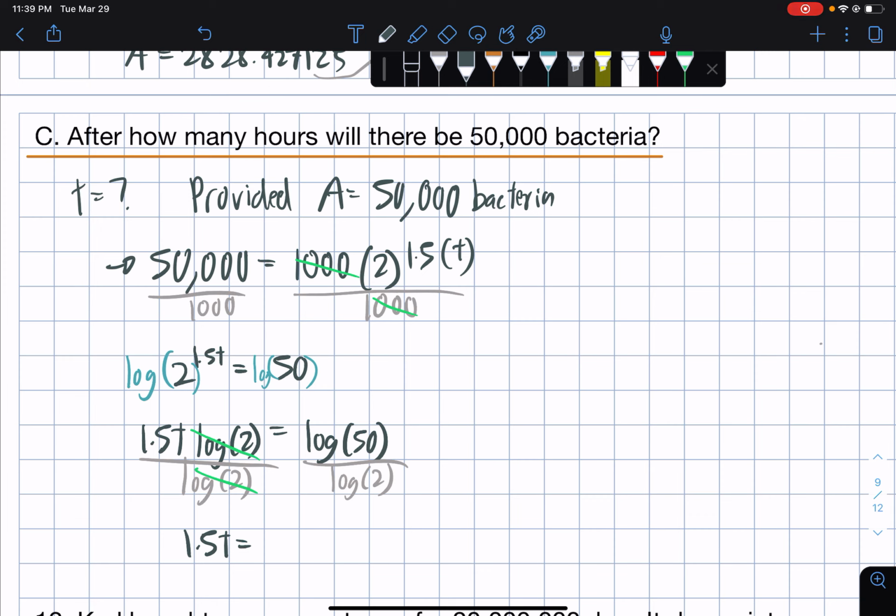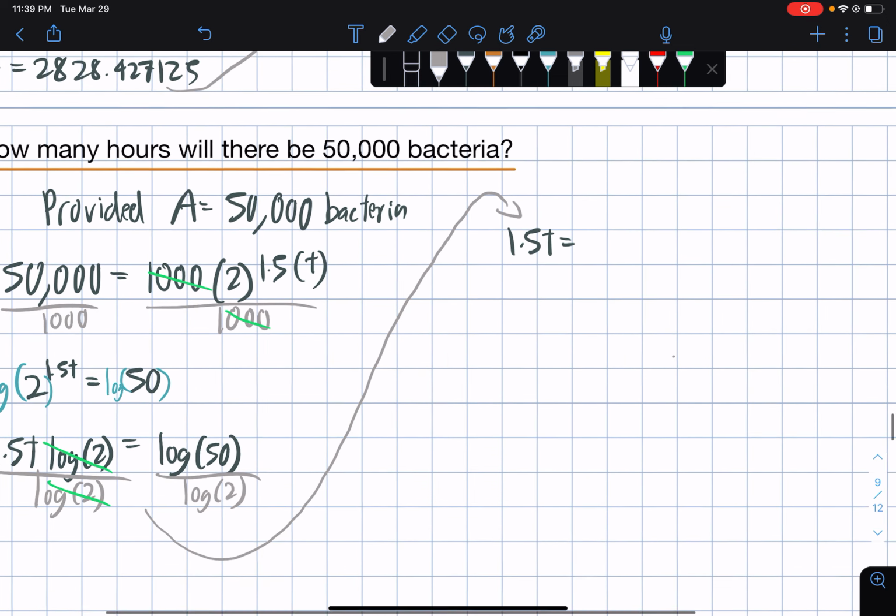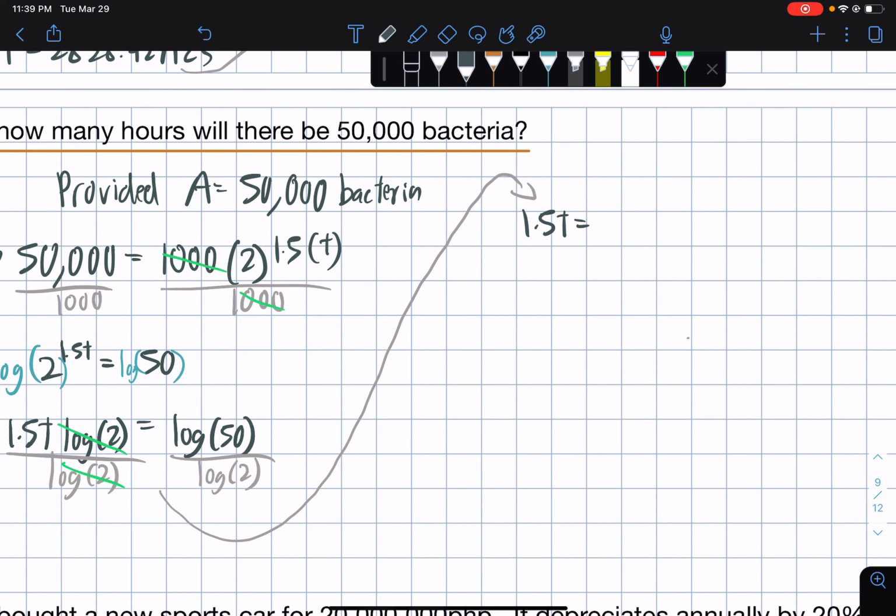Let's just move it here. There we go. So log 50 over log 2, divide both sides by 1.5.